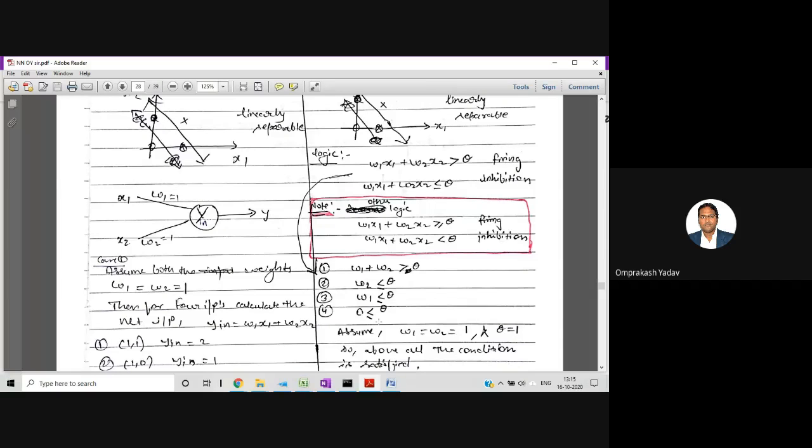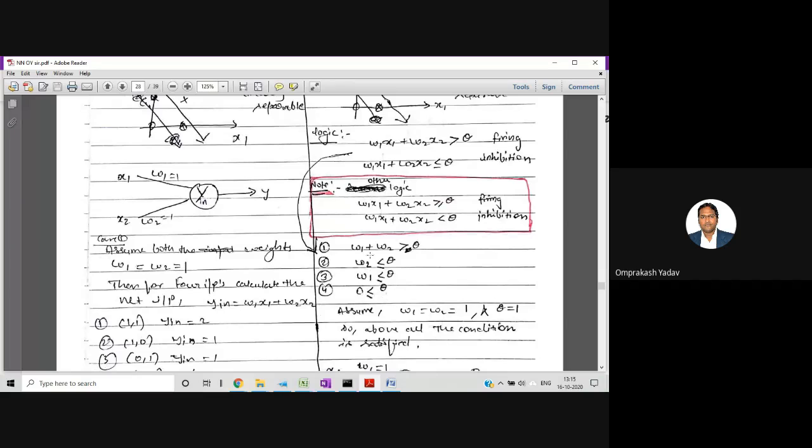Now from all these four equations, we have to assume the W1, W2 and theta values in such a way that all four conditions are satisfied. If all four conditions are satisfied, that means the chosen value is perfect. For example, if we choose W1, W2 equal to 1 and theta equal to 1, let's verify. 1 plus 1 is 2, and 2 is greater than theta 1, so the first condition is true.